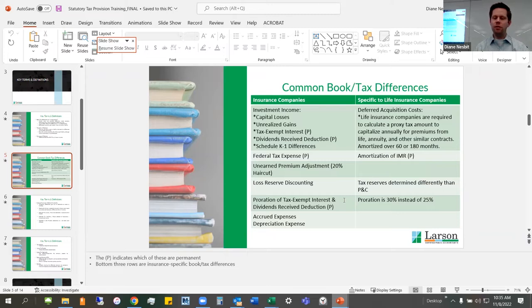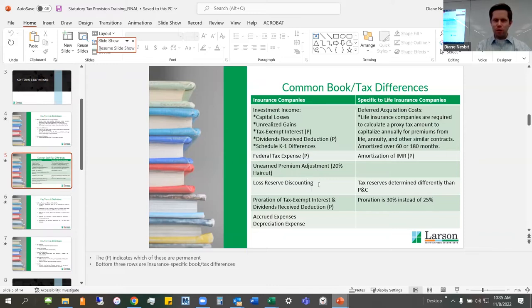For life insurance companies, there are some different rules, and so the proration adjustment for P&C companies is a 25% adjustment, whereas for life insurance companies, it's 30%. Another major difference is always going to be your federal tax expense, which is a permanent difference because you don't deduct your federal tax expense on your tax return.